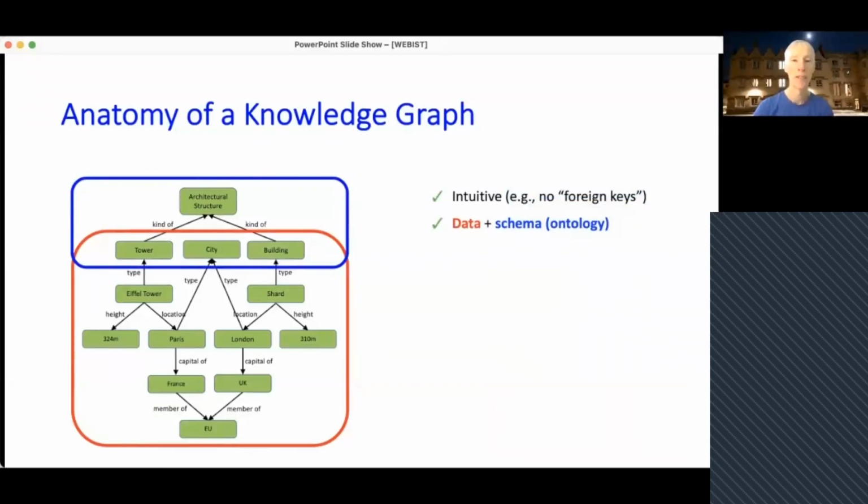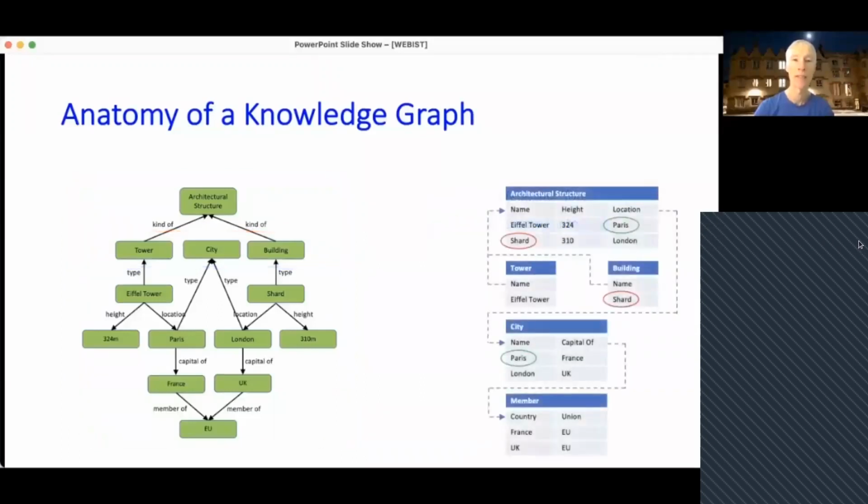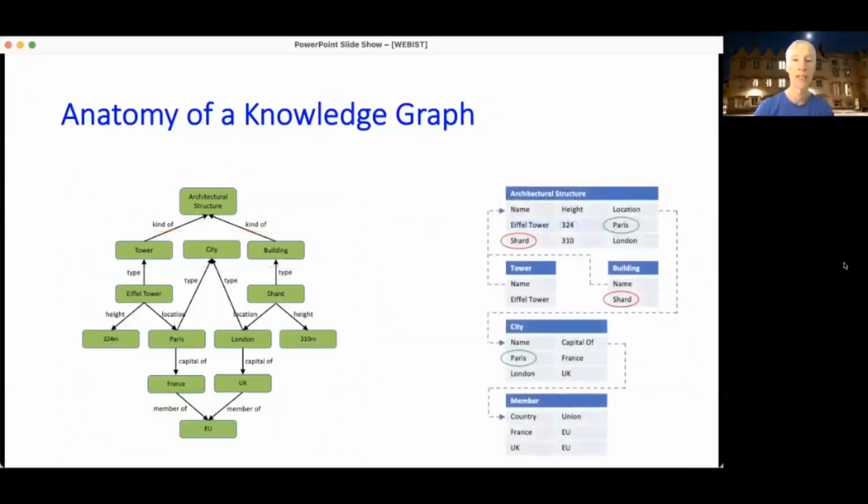Another thing to notice is that each entity occurs only once in the graph and can be arbitrarily connected to other entities. In contrast, in the tabular version of the data, the same strings occur multiple times, and string matching is used in order to make connections in the data.